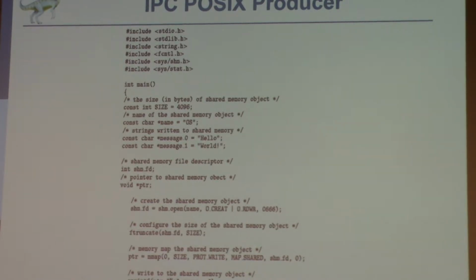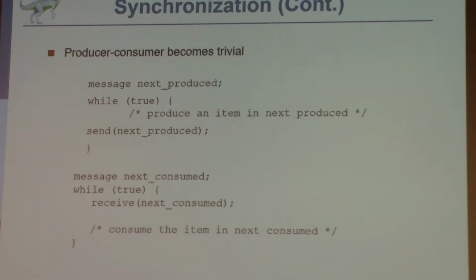Also, you can create such a messaging queue, like it's called the pipe. Do you remember the pipe that we used before? Yes. ps -ef | grep, something like that.